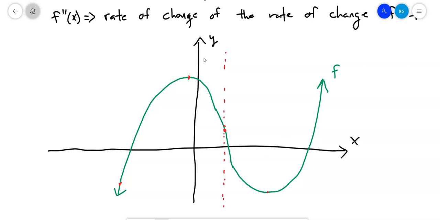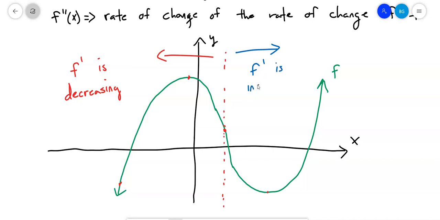And so over here in this region, f prime is decreasing. And then in this region, f prime is increasing.